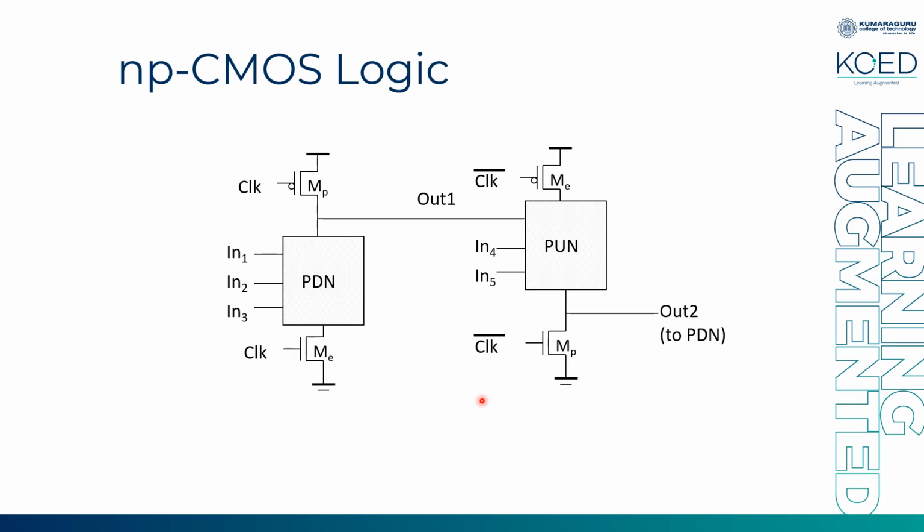Now what happens when clock is equal to 0? This stage is getting pre-charged, and this transistor is in off condition. Here when clock is equal to 0, this is 1, so this is in off condition. Here also pre-charge happens.